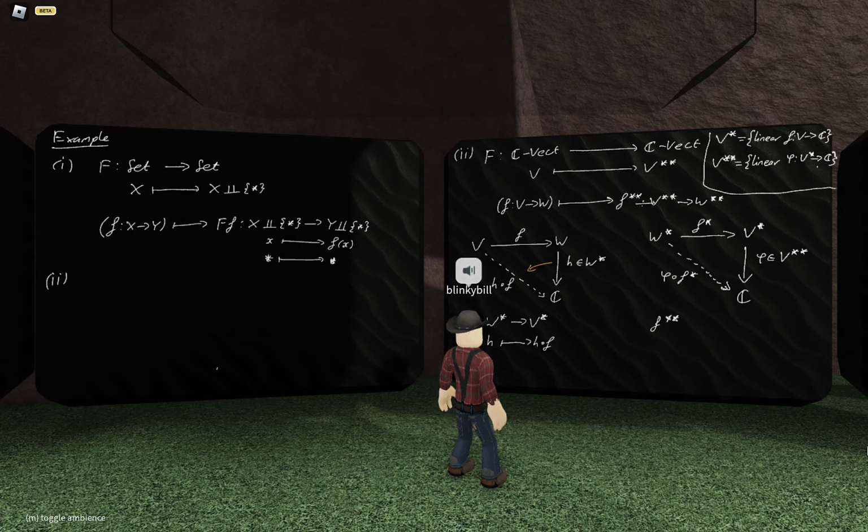And that gives me F star star, which takes things like phi in V star star and turns them into an element of W star star, so a map from W star to C. As input you take a phi, and as output you give phi precomposed with F star. So it's the same construction twice. F star star precomposes with F star, and F star precomposes with F. That's what they both do.